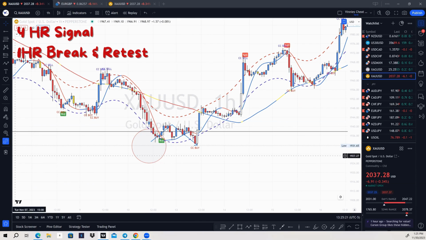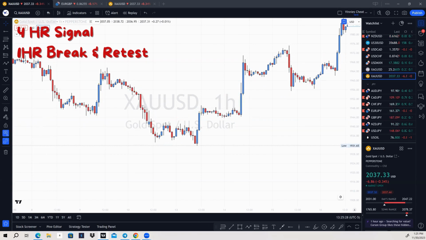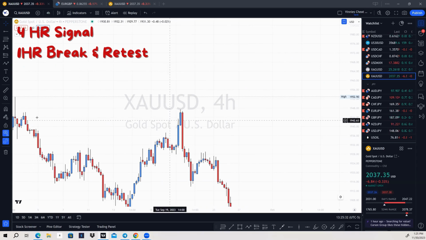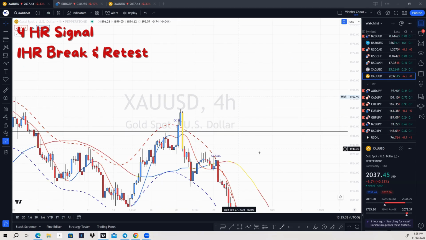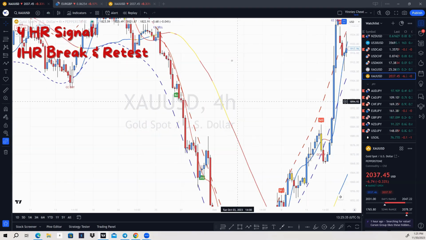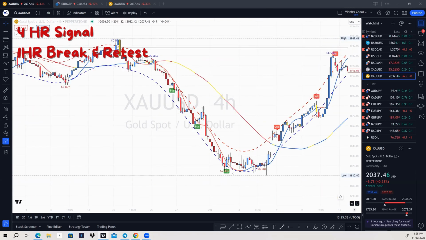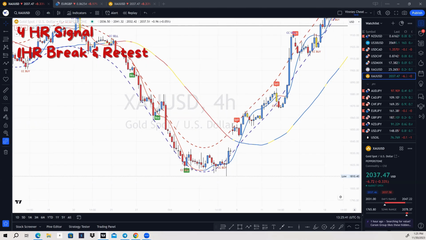Let's go ahead and erase all this. Let's get rid of the indicator and go back to the 4-hour time frame. So here is the signal on the 4-hour time frame. You got a divergence CC buy.